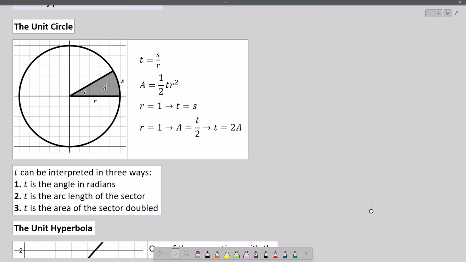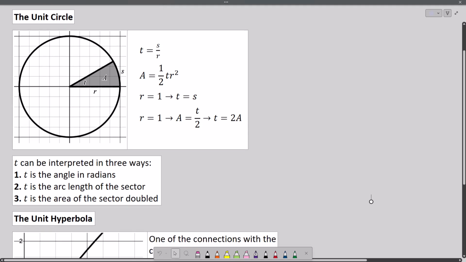Now, there's no practical reason to do this, but if you take this equation, plug in r equals 1, and isolate t, you get that the angle is always twice the area of the sector on a unit circle. You never did that in trig or in Calc 1, but that angle is always twice the area on a unit circle. That is the linchpin of how the hyperbolics and the circulars are connected. Again, you don't need to memorize this. There are no specific questions that are going to be based on this.